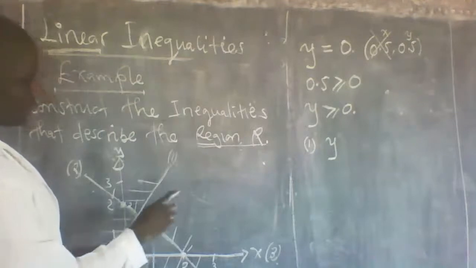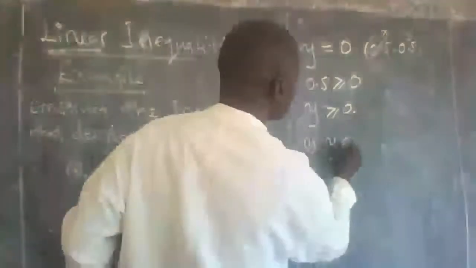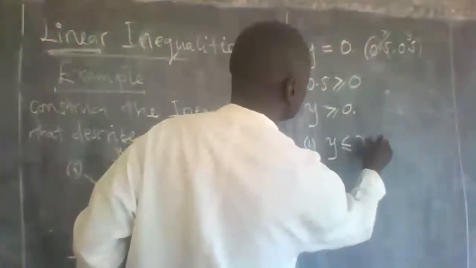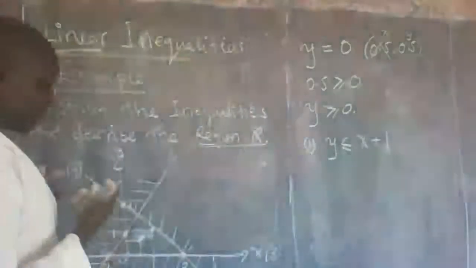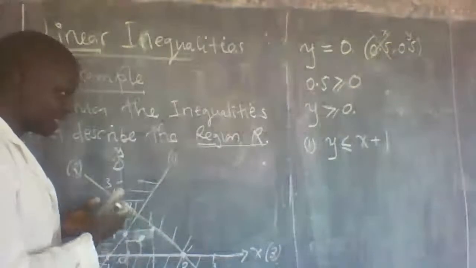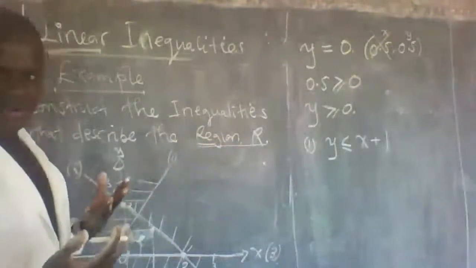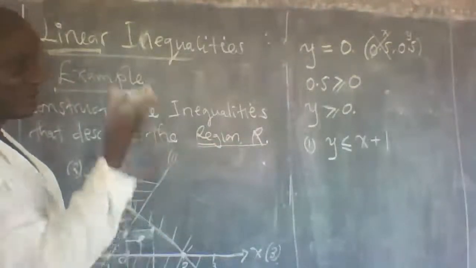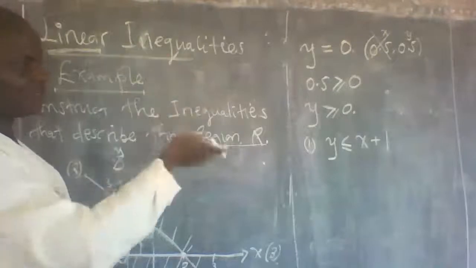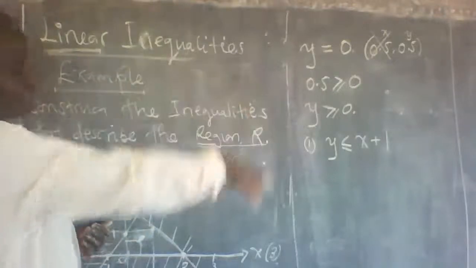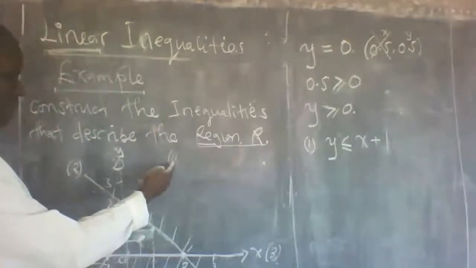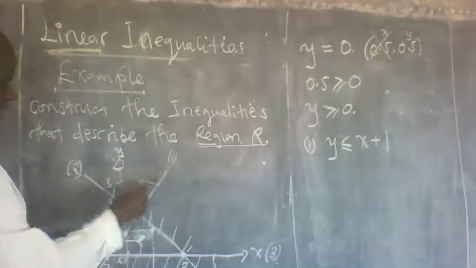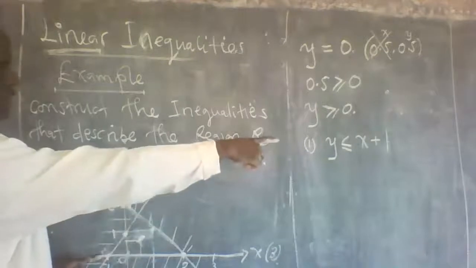So yeah, it's less. So y is less than or equal to x plus 1. This is the first inequality. Some of us who know these things can just look at it the way I just looked at it and tell the inequality. But definitely the procedure that I followed in my head is the one that I showed you, except at a faster rate. Then the other one is this line.